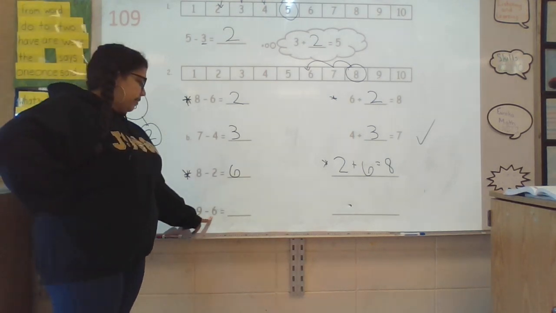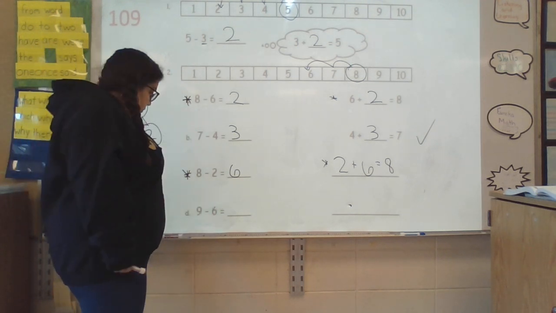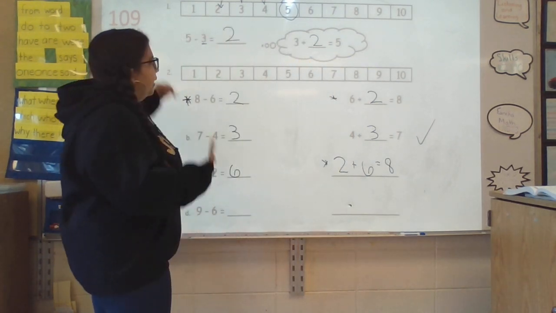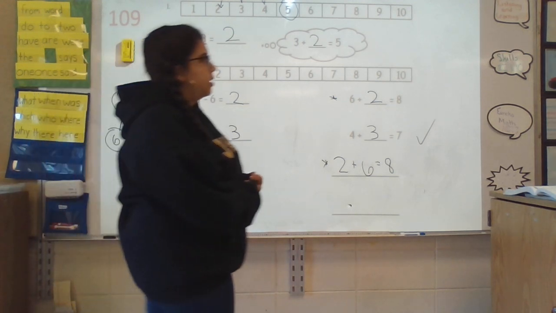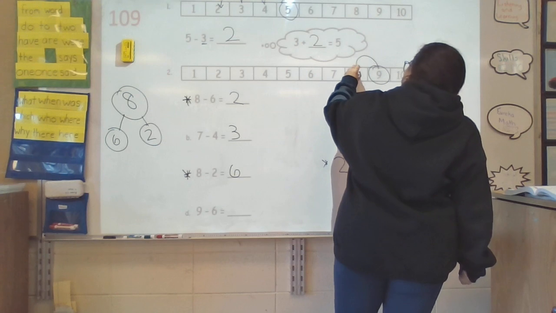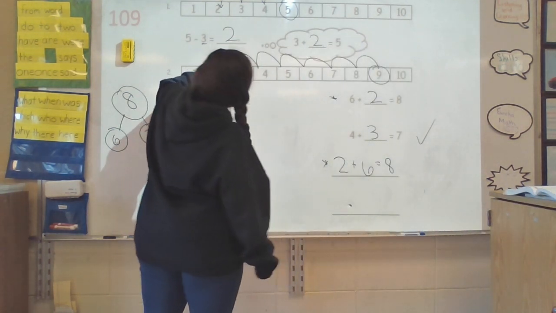Let's look at the last set right here. 9 minus 6 is equal to... alright, so we're starting with our whole. Our whole is 9. How many hops do I need? 6. 1, 2, 3, 4, 5, 6.